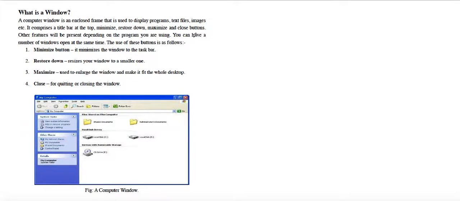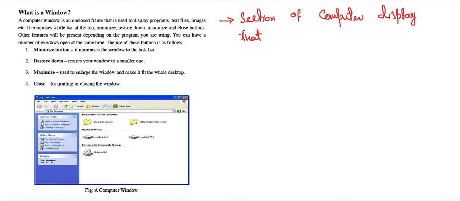A window is a rectangular section of the computer's display that shows the programs currently being used.